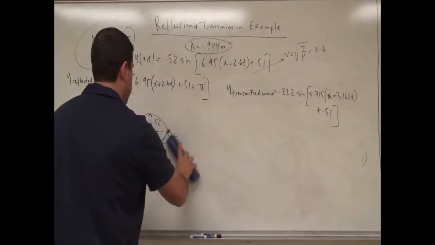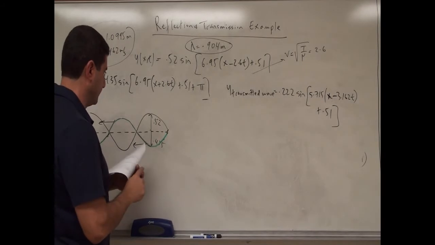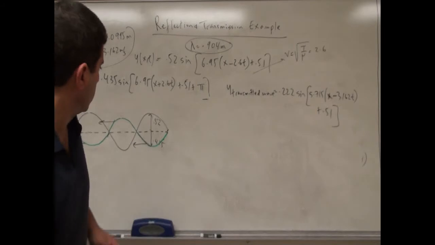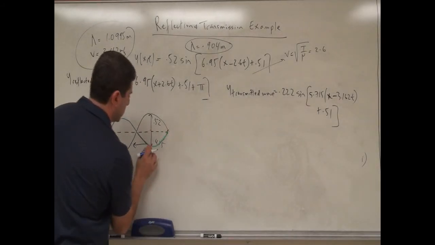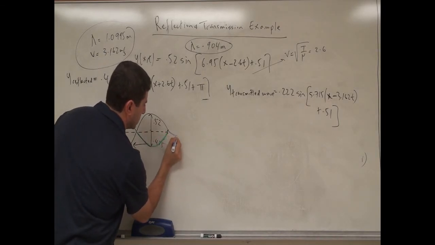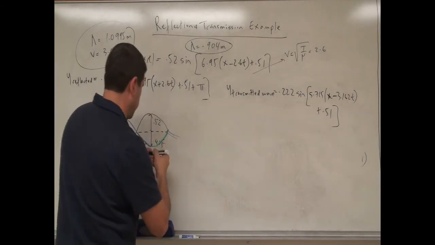Okay? And now we could write down what it's going to look like. So what will that look like? Well, the amplitude is going to be much smaller, so let's do this in a different color. Let's do this in blue. So it's going to be even smaller than the reflected wave, right? So it's going to look like this. So this is the middle line here.